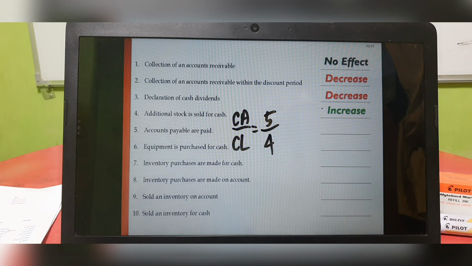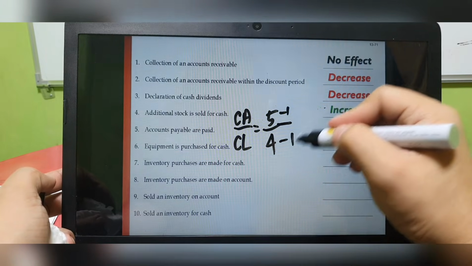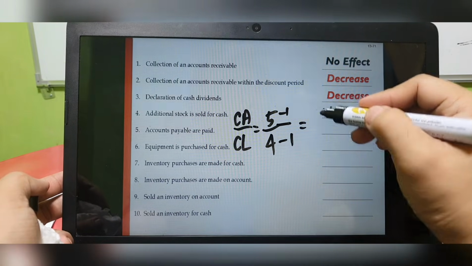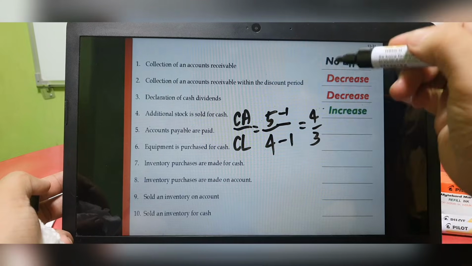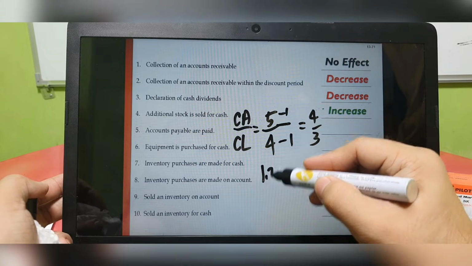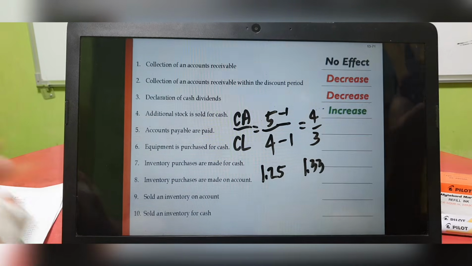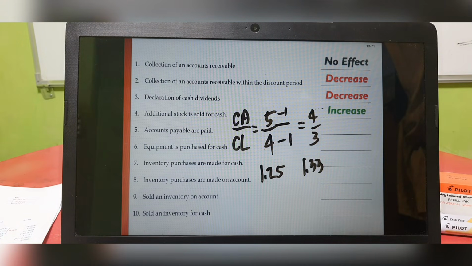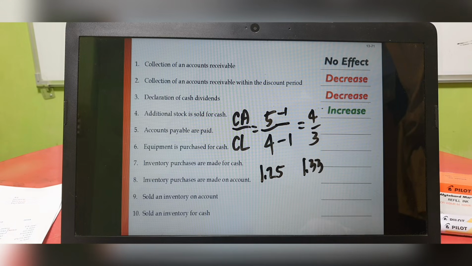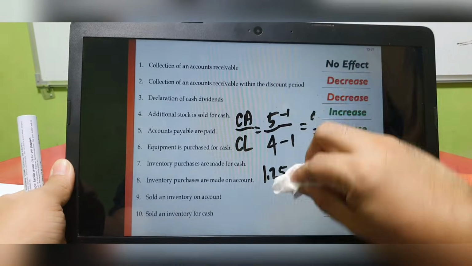Let's check. Let us assume that what we paid is 1, so minus 1 on both. That would be 4/3. It used to be 5/4, which is 1.25, and 4/3 is 1.33. Therefore, if you paid accounts payable, given the current ratio is greater than 1, the answer is increase. Okay?